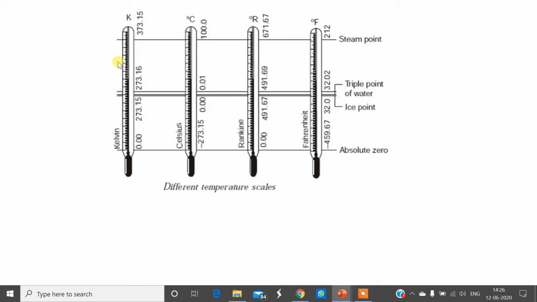Let's compare the temperature in Kelvin, Celsius, Rankine and Fahrenheit scale. Look at here, this bottom line represents the absolute zero temperature. Absolute zero temperature is 0 Kelvin.